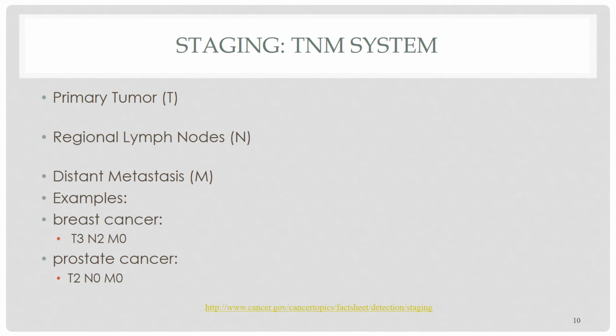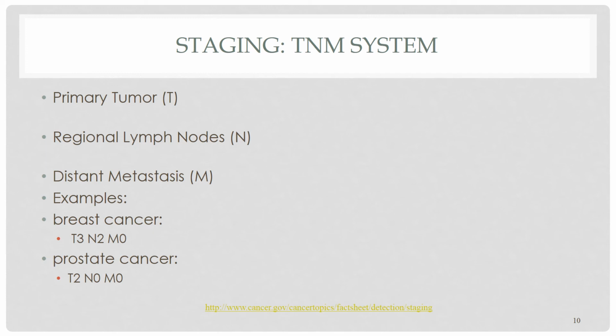When carcinoma in situ becomes cancer, we may have the size of the primary tumor described as T1, T2, T3, T4, size and extent of primary tumor. So T is always the primary tumor. And as I said, N refers to lymph nodes.